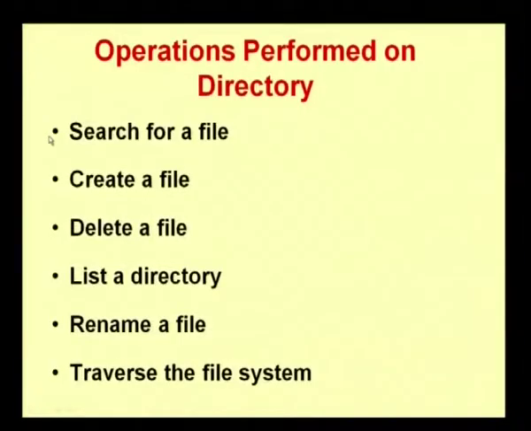The first operation is searching for a file. In a directory there may be different files, so if there is a file, how can it be searched out. Second is creating a file, if it does not exist, then deleting a file, and listing a directory. I suppose you would have inferred this by viewing the files.